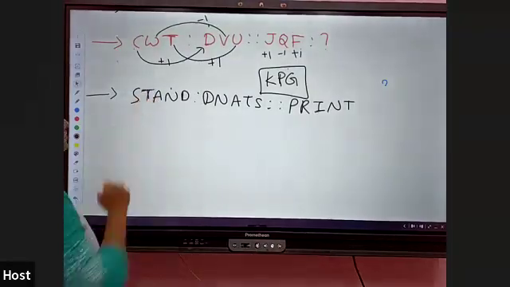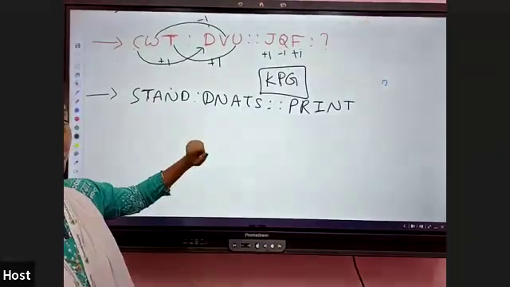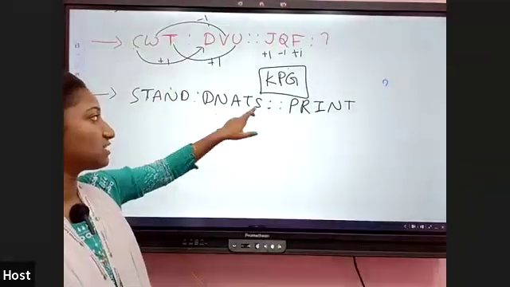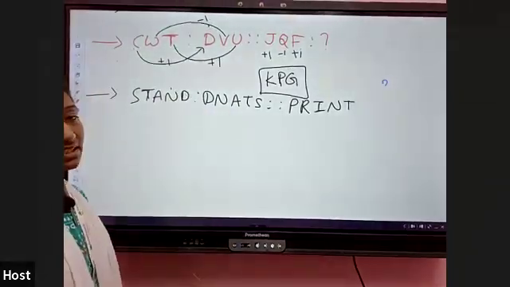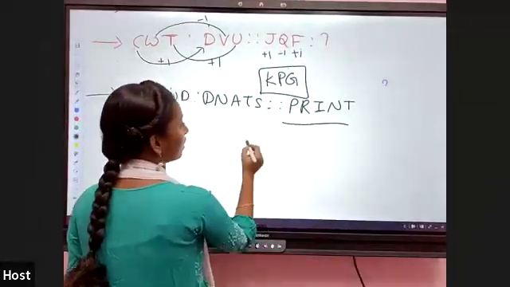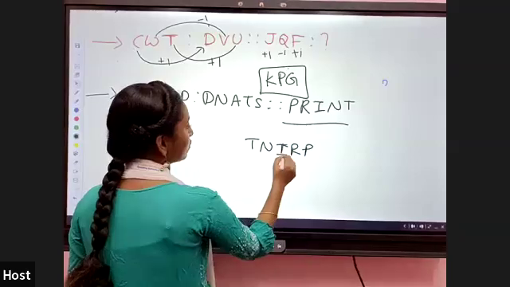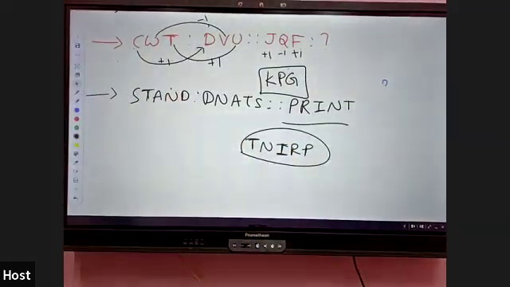So here, stand. When you clearly observe the question, the reverse order of stand is DNATS. So we should reverse the letters in the given word print: TNIRP. So this is the answer for this question.